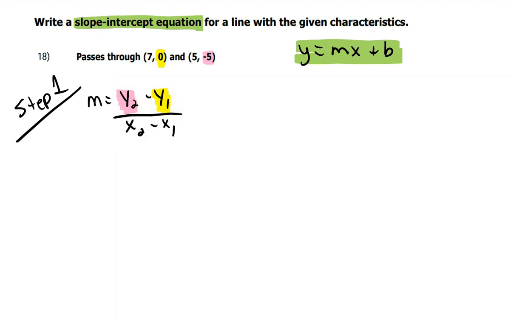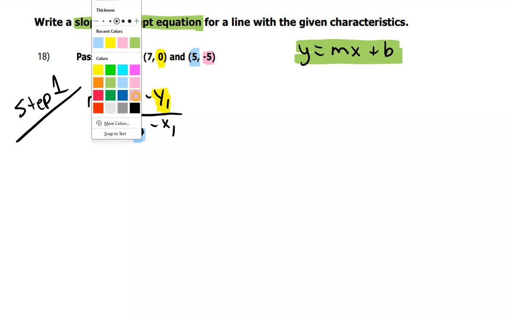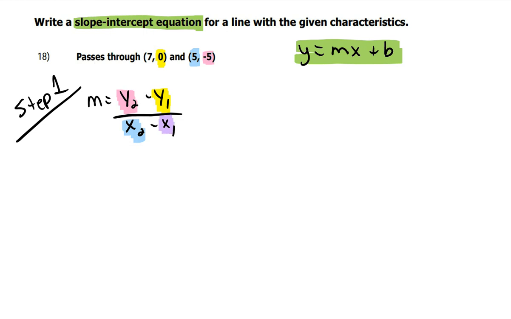And x sub 2, that's the x coordinate of the second point, which will be 5. And x sub 1 is the x coordinate of the first point, which would be that. So it's going to be negative 5 minus 0 over 5 minus 7.